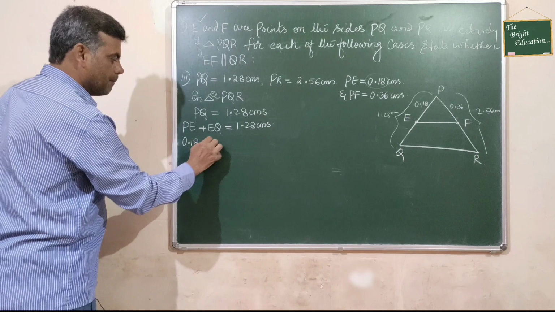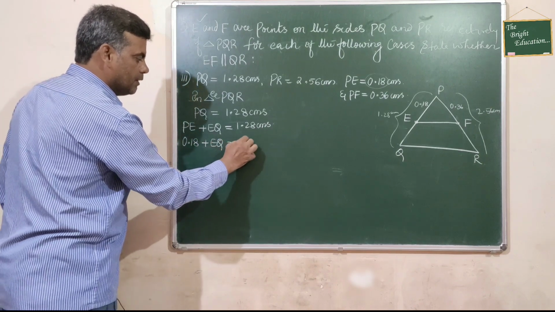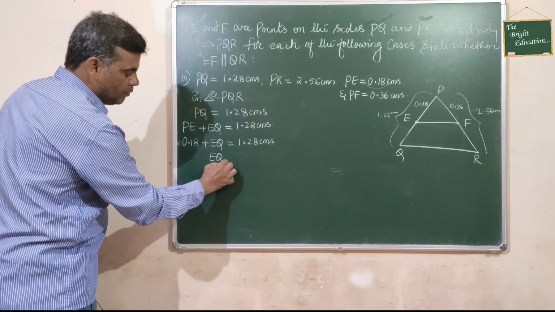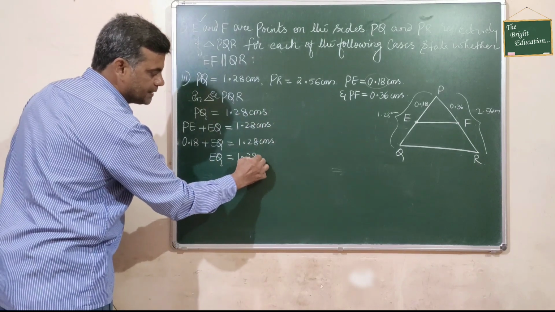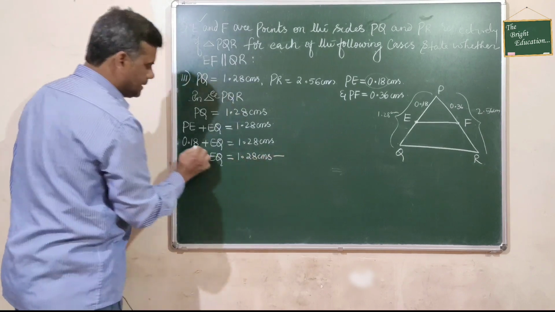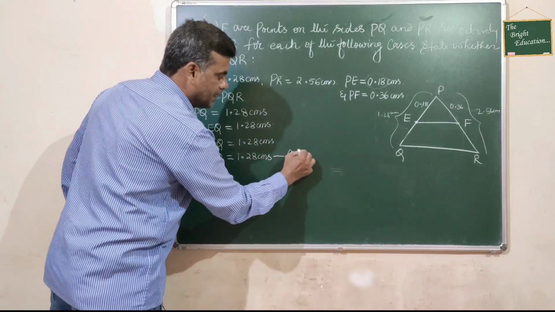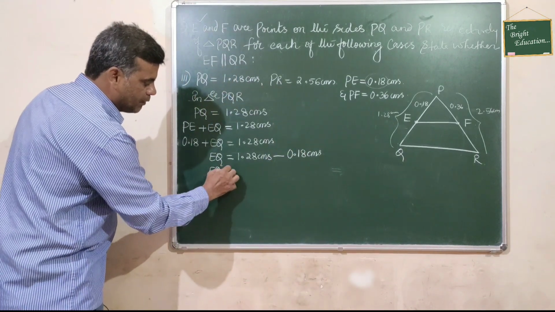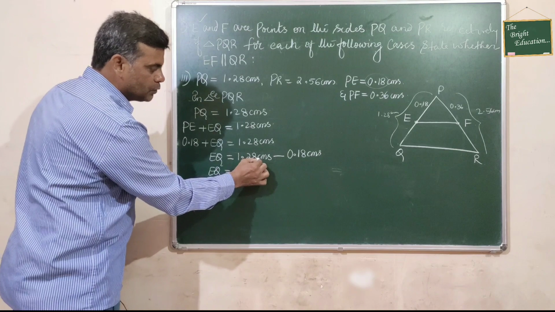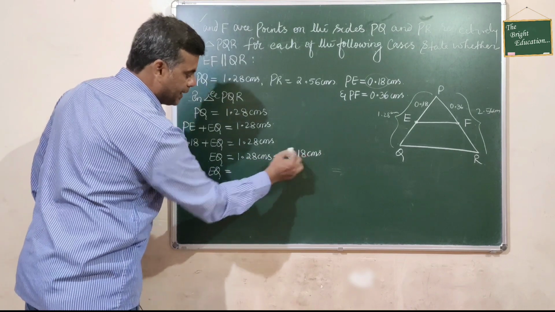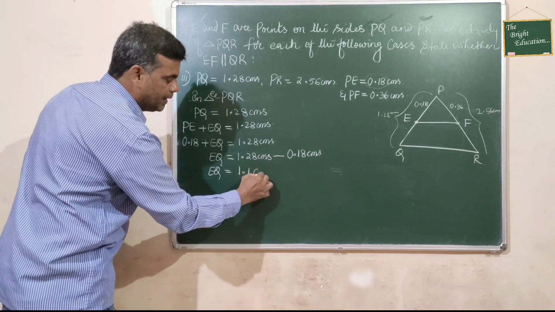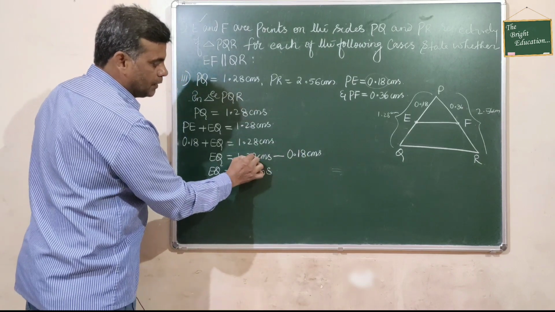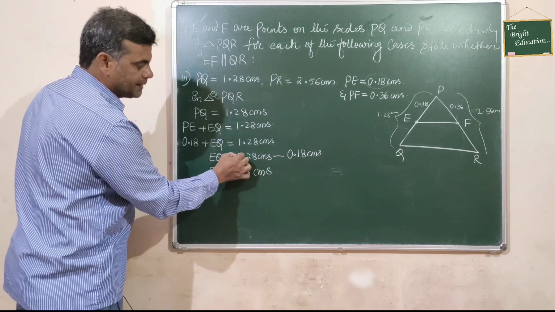So 0.18 plus EQ equals 1.28, then EQ equals 1.28 minus 0.18, which is 1.1 centimeters. Because 8 minus 8 is 0, 2 minus 1 is 1, the point stays as it is, 1.